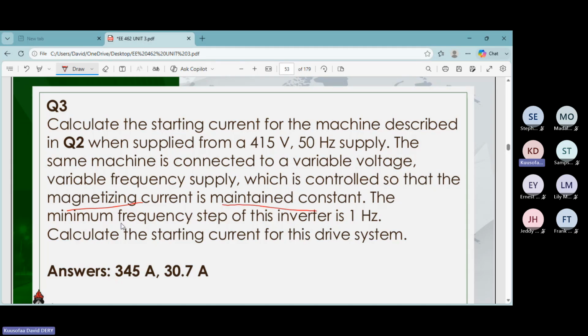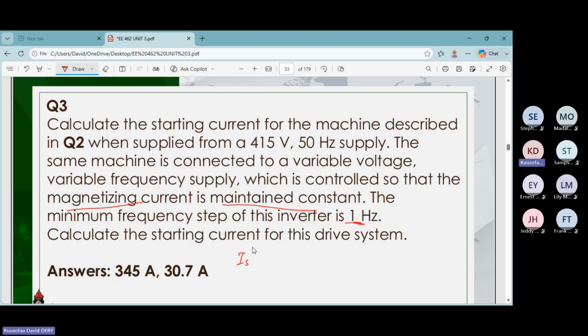And then the minimum frequency step of this inverter is 1 hertz. So we should calculate the starting current for this drive system, which is basically we're interested in getting Is, the starting current. So that is what we are interested in.